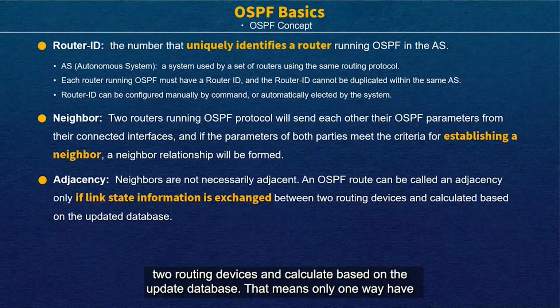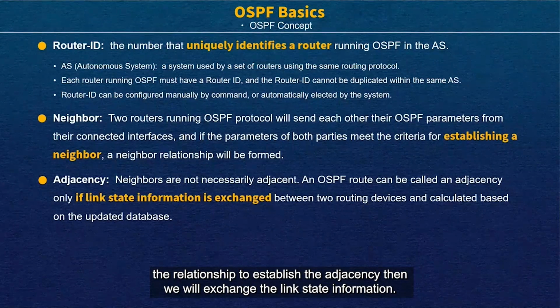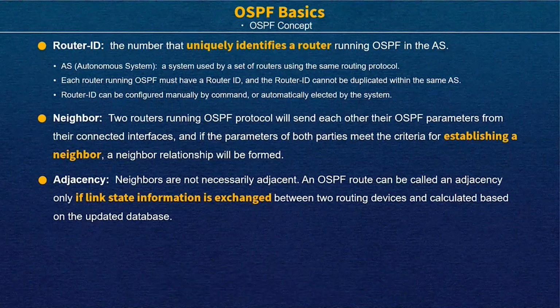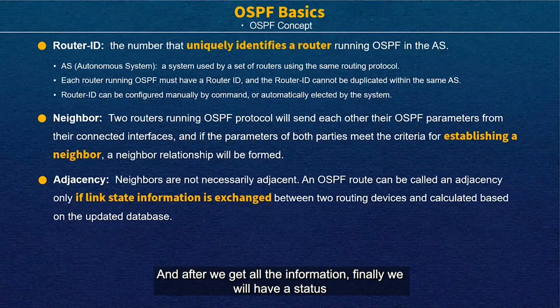That means only when we establish the adjacency will we exchange the link data information. And after we get all the information, finally, we also have a status to show us that the status is full.